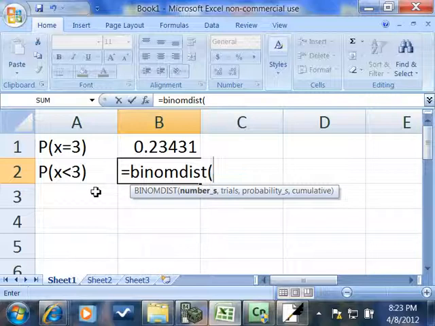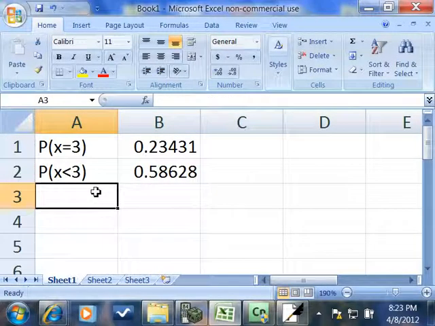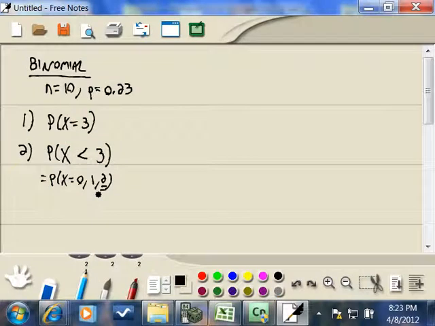And then this is the ending number when we're going from 0 up to a number. So put in 2, and that's still 10, and 0.23, comma, and here I put a 1 in. So when this gets done, it'll add up all the probabilities from x equals 0, x equals 1, to x equals 2. And I'll give that to us.